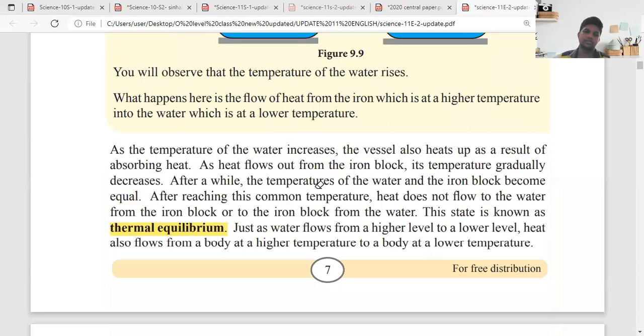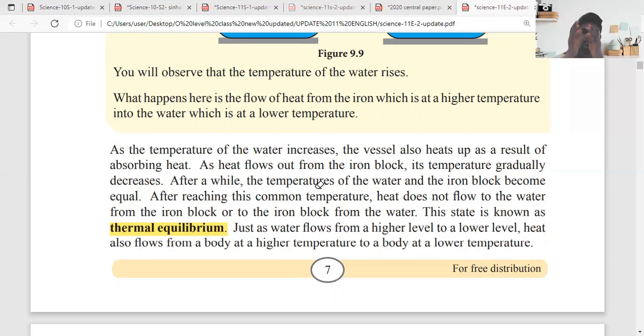Here they have explained that as the temperature of the water increases, heat goes from the higher end to the lower end. When you have two liquids, the first liquid has a temperature of 60 and the second is at room temperature, normally 25 to 30.